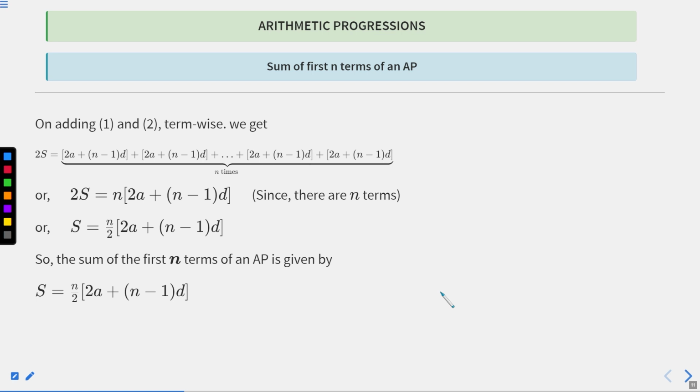So 2 times S is equal to n times 2A plus n minus 1 times D.